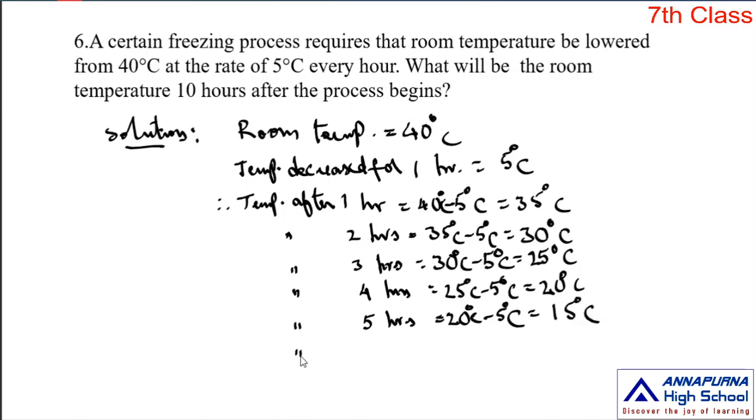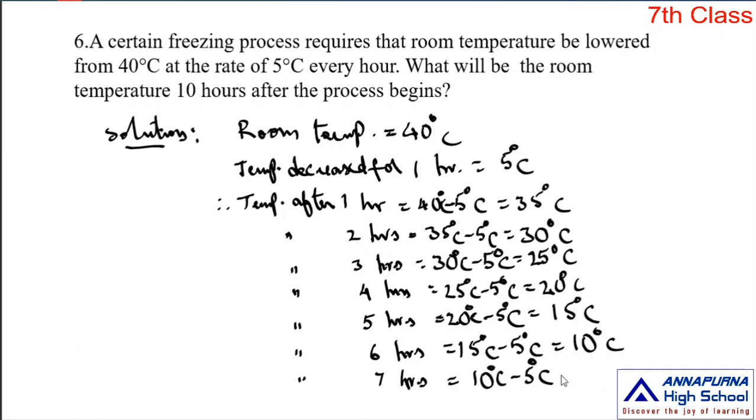Now the temperature after 6 hours, again it is decreased by 5: 15 degrees centigrade minus 5 degrees centigrade is equal to 10 degrees. Now the temperature after 7 hours, again 10 degrees is decreased by 5 degrees: 10 degrees centigrade minus 5 is equal to 5 degrees centigrade.